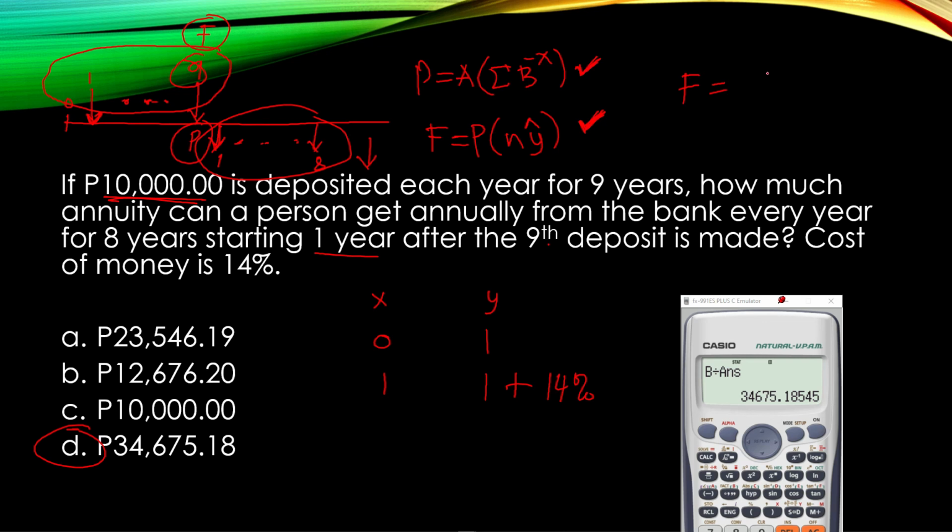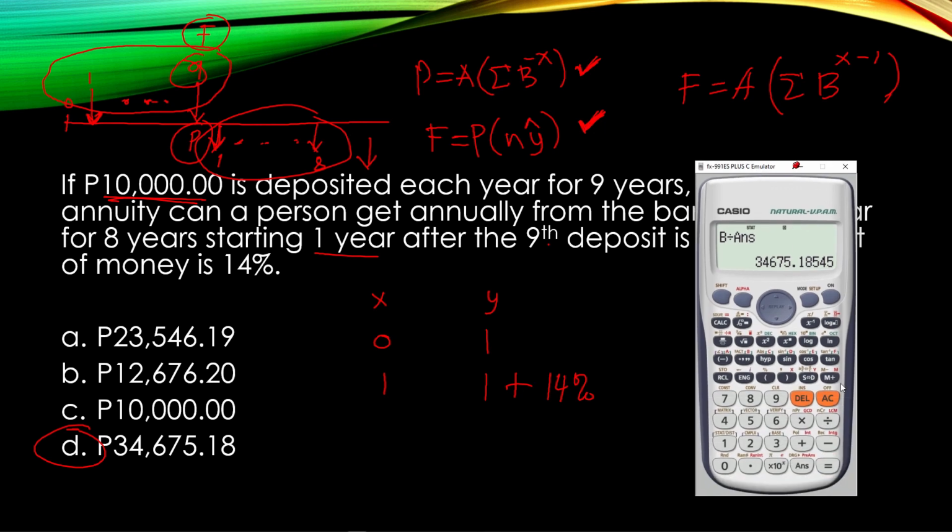Okay, gagamitin natin is F is equal to A times the summation of B raised to the power of, mali. Hindi ko negative X. Okay. To the power of X minus 1. Okay, so another concept. Kung gusto mo magdagdag, pero kung ayaw mo, wag na lang. Yung dalawang concept na lang yung gagamitin.